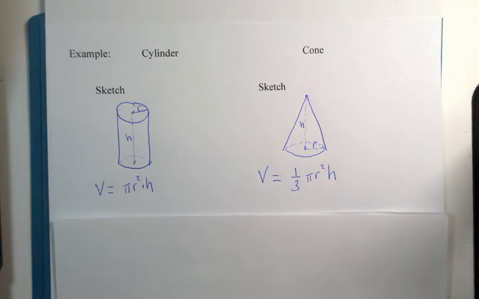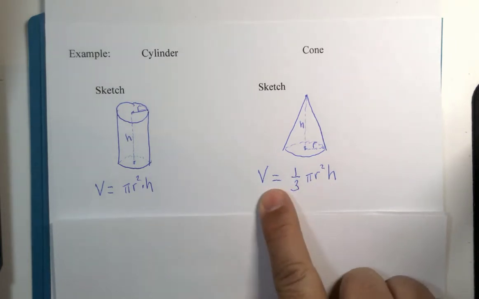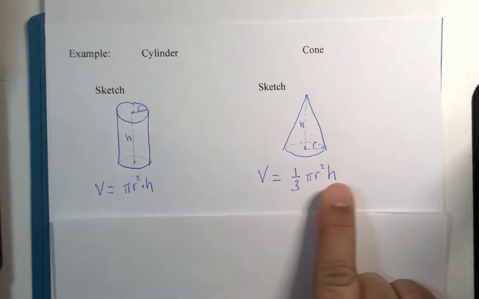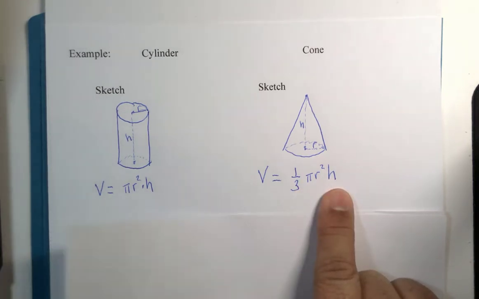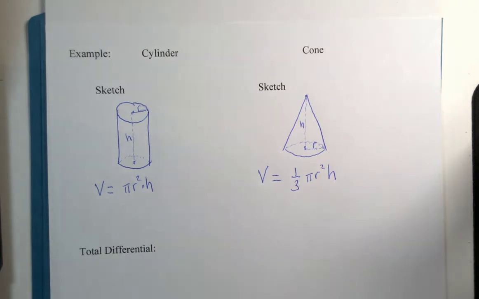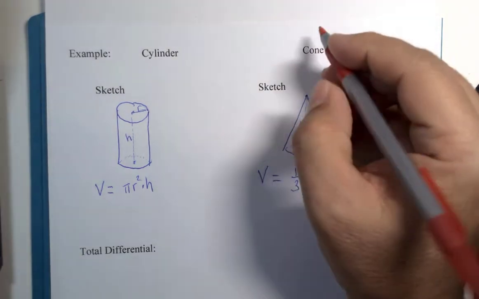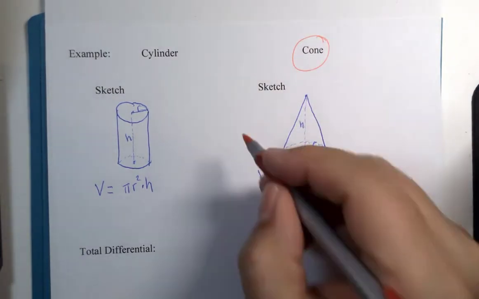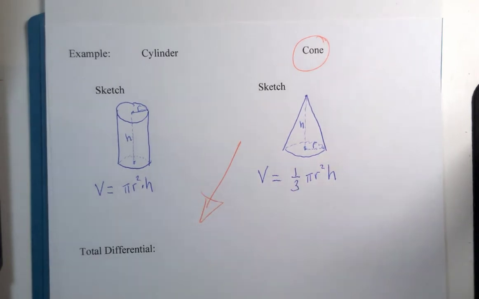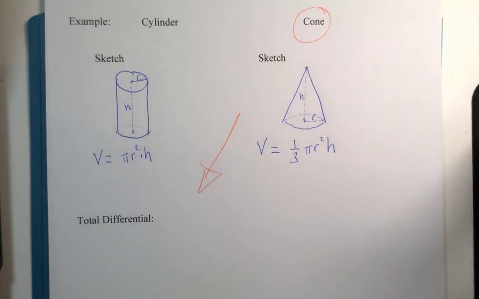Now, let's look at this problem that is a function. Volume is a function of 2 variables. And let me just show you what the total differential is for that particular formula. So we're going to dive in on the cone, not the cylinder, because it's just more interesting, isn't it? All right, just slide her up a little bit here.